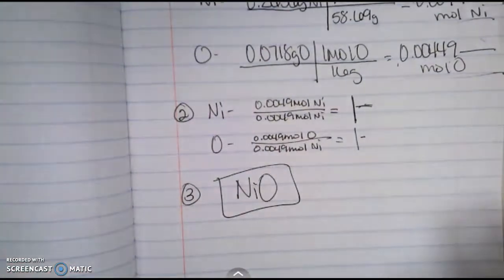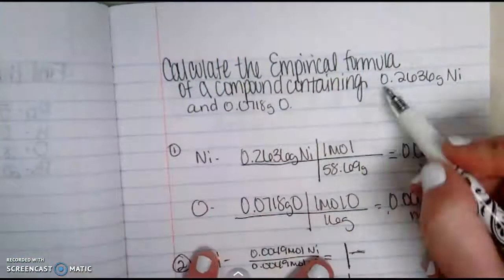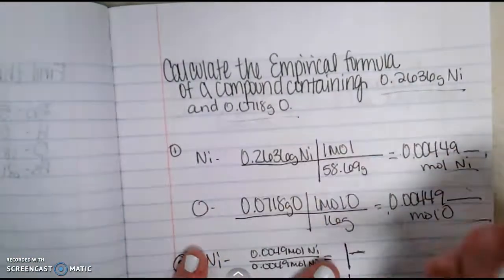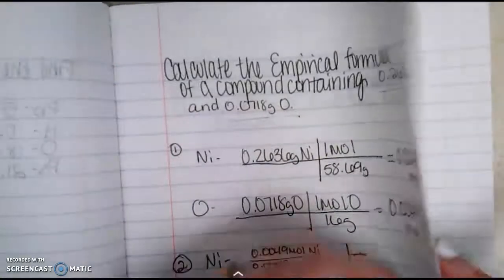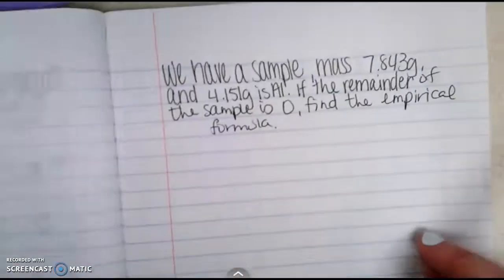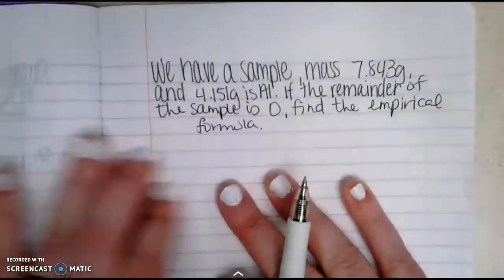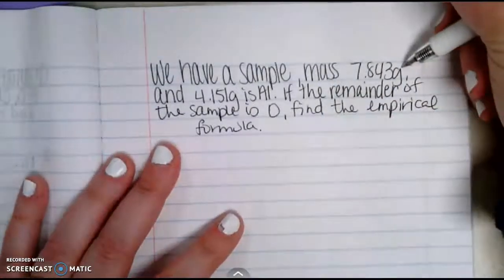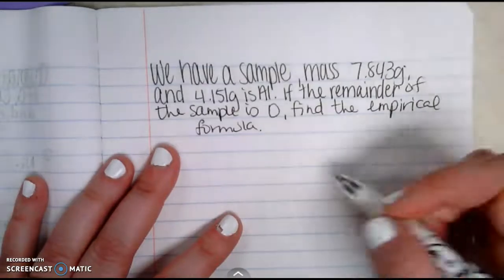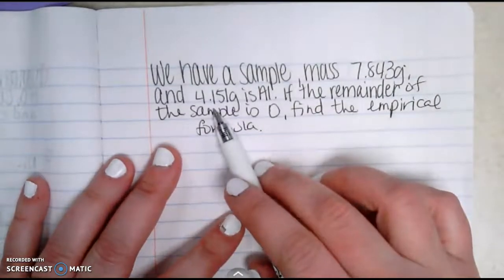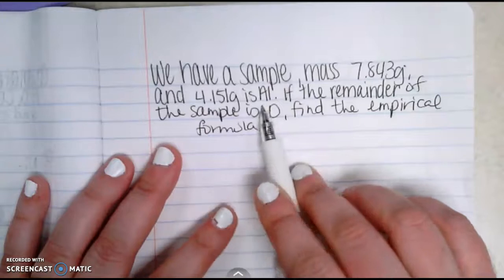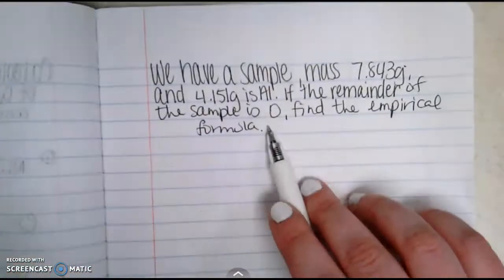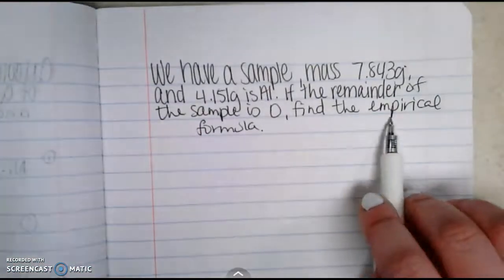Okay, so there are lots of different ways that these problems can be asked. In this case, it was literally just: we know we have this much and this much, find the formula. But let's look at a little bit more challenging one. So we have a sample. The total mass is 7.843 grams, and I know that 4.151 grams of that is aluminum. If the rest of that sample is oxygen, find your empirical formula.